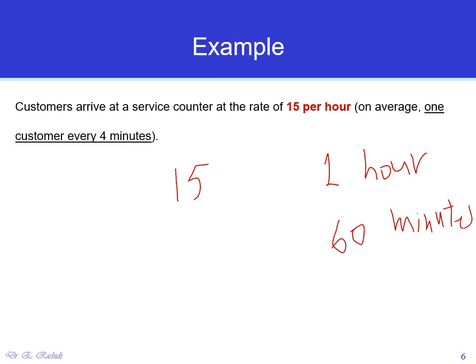If you divide 60 and 15 by 15, you get 60 divided by 15, which is 4, and 15 divided by 15, which is 1. So this means 1 customer per 4 minutes. Every 4 minutes, on average, you get 1 customer.